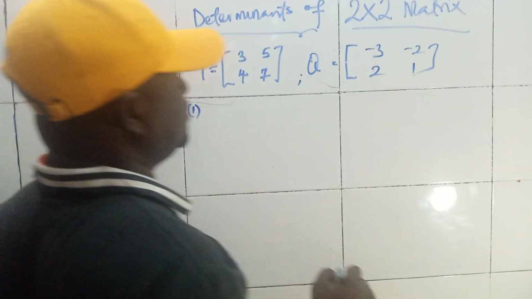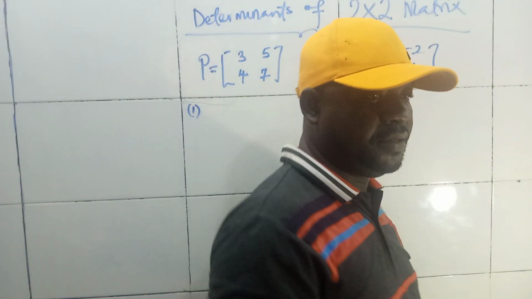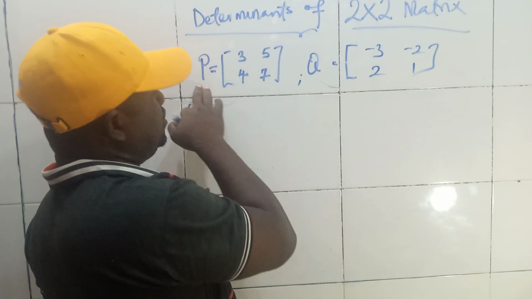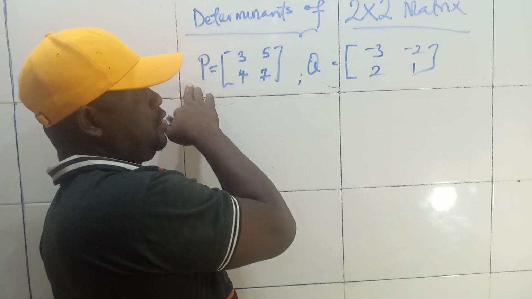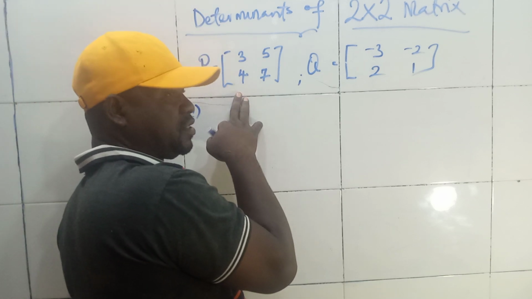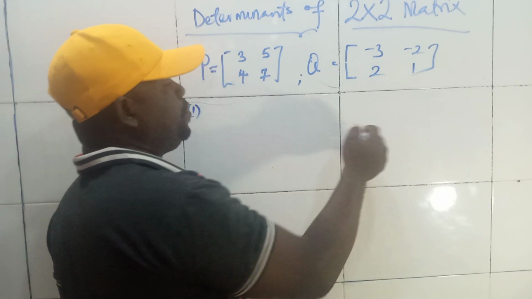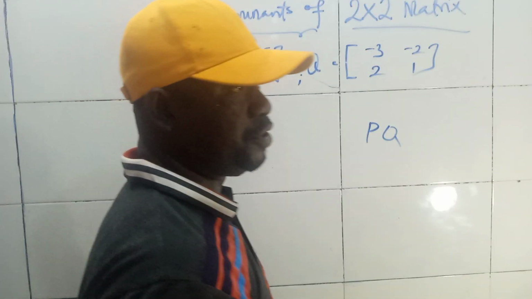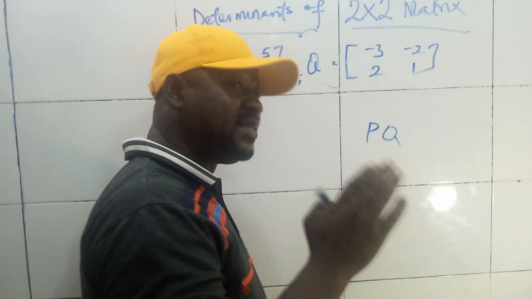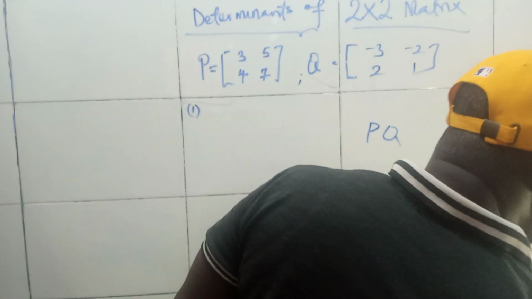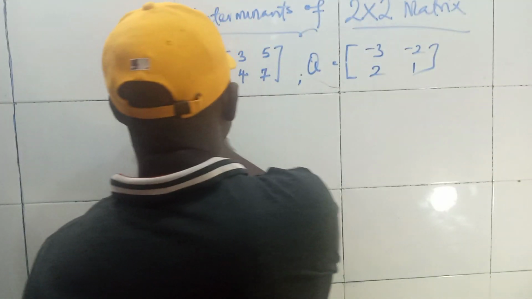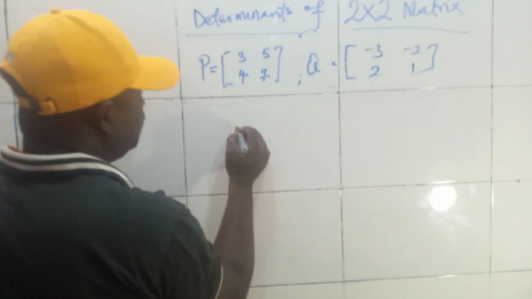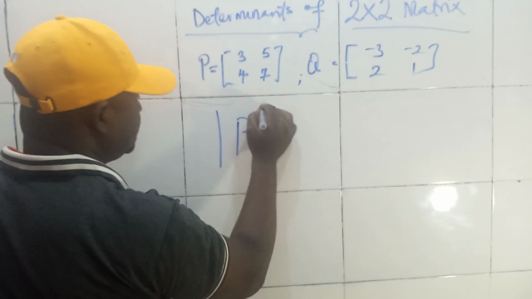When you hear determinants, if I write the matrix like this, P equals this, it is just capital P with this matrix. If I say, okay, do PQ, you know what to do, meaning P times Q, you know how to carry out the operation. But when they say determine the determinants of P, that P will be written with two lines like this.